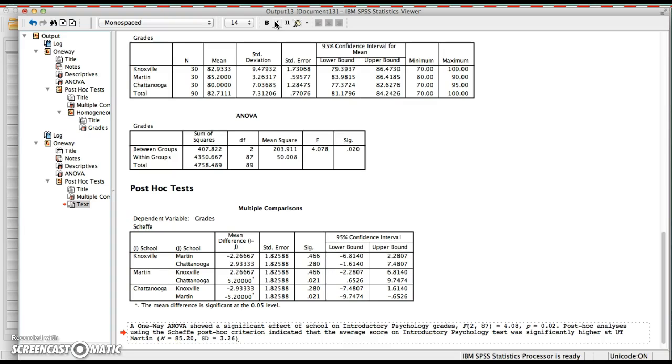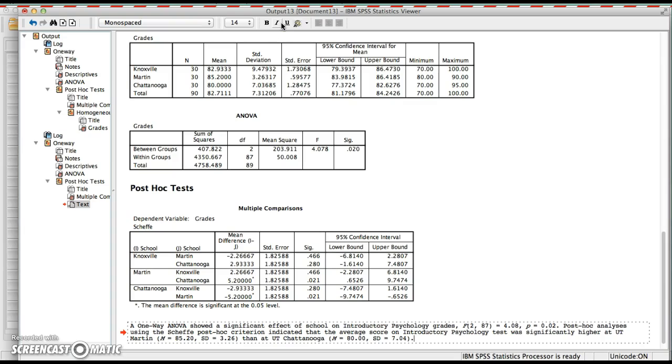The test was significantly higher at UT Martin than at UT Chattanooga. And then mean and standard deviation there. 80.00, SD equals 7.04. Period. Okay, that's your significant tests.